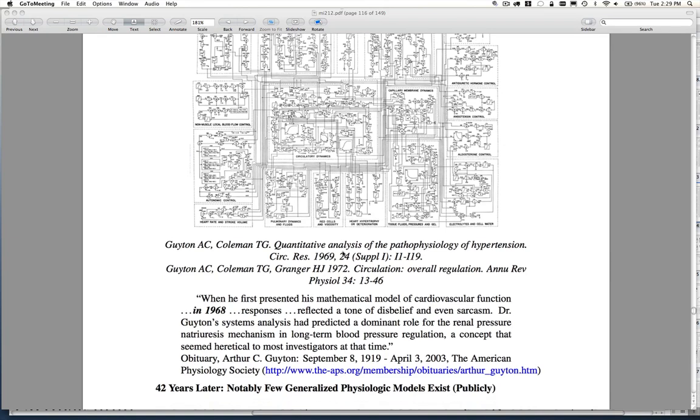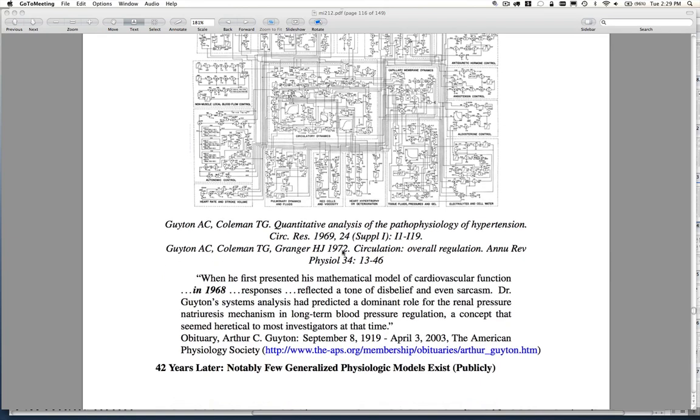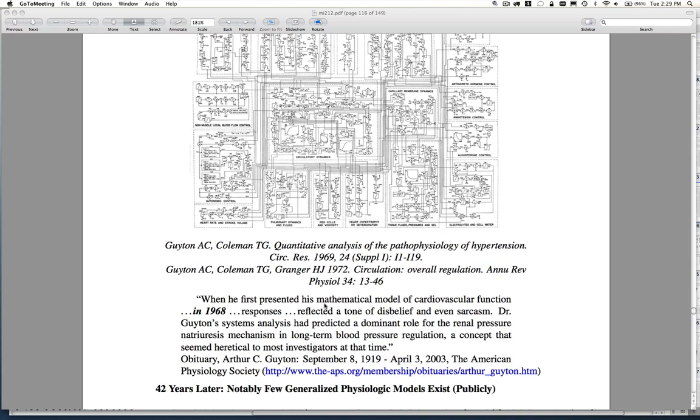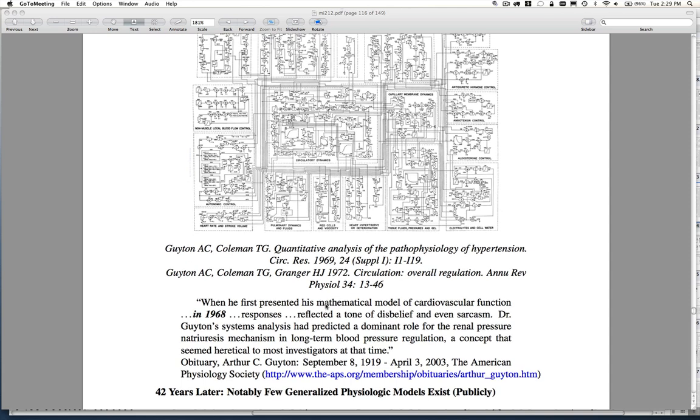And just to show that we're still, 42 years later, running into a lot of the same barriers, I guess, if you will, of presenting these types of mathematical models and running into certain barriers of people believing exactly what's coming out of them. I provided a quote here, which was actually put into Dr. Guyton's obituary.